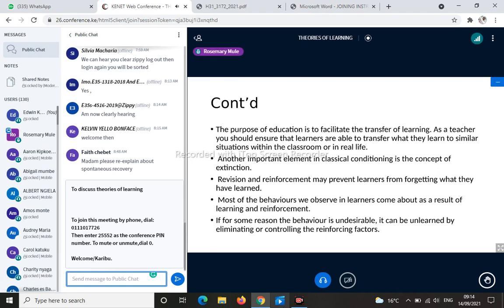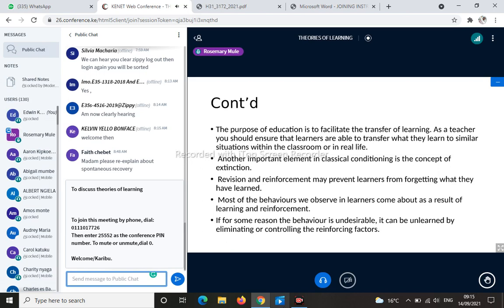So if we find that we have some learners who have some kind of behaviors that are not good for the other learners or for the learner himself and for the school at large, we should remember we said the learning theories open opportunities for us to research and study.